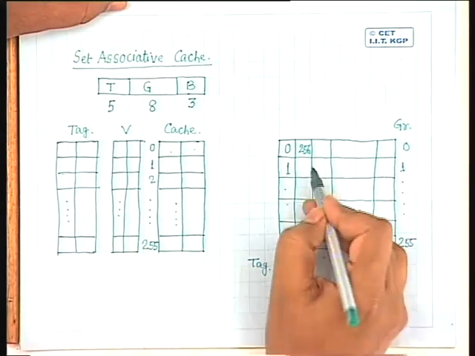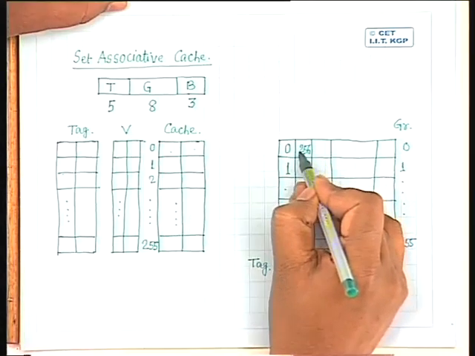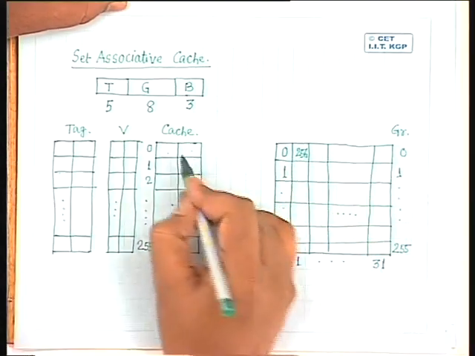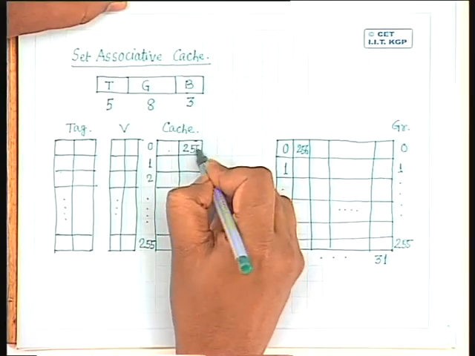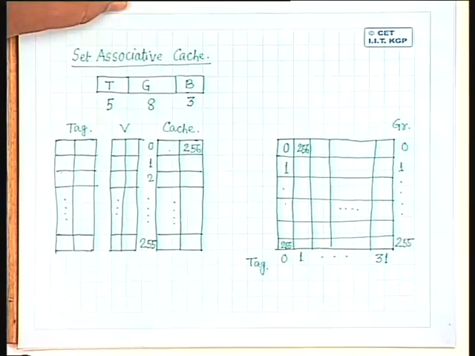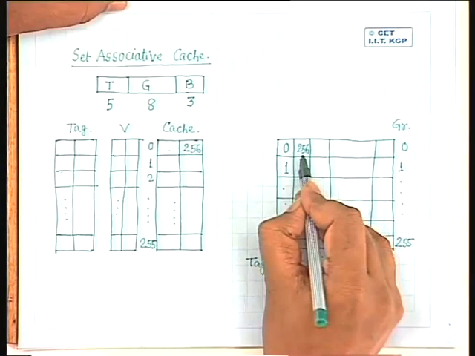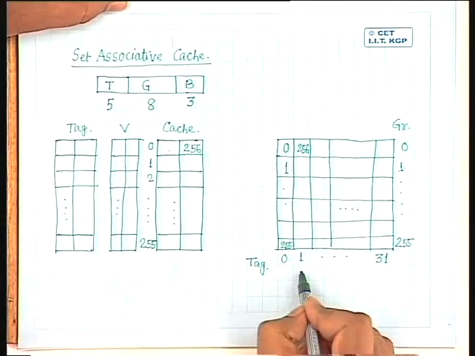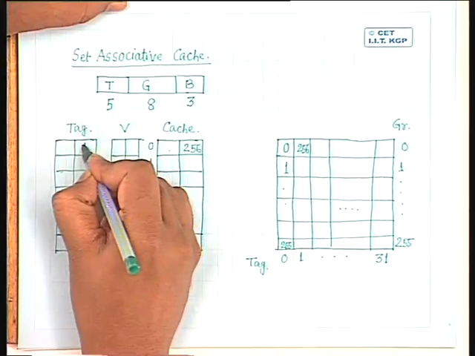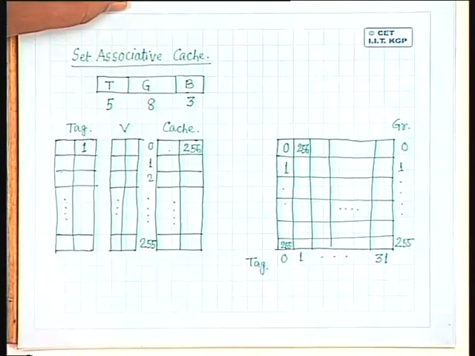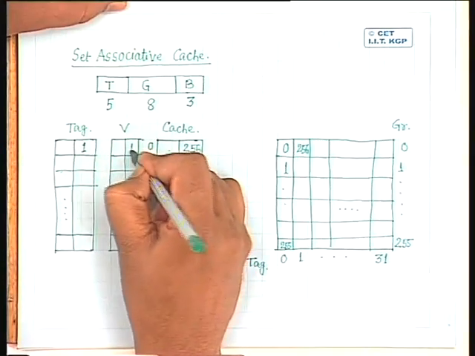So if I decide that block number 256 will go to this particular cache line, for block number 256, what is the tag? Tag value is 1. So this particular tag memory will contain a value 1, and the corresponding valid bit will also be 1.